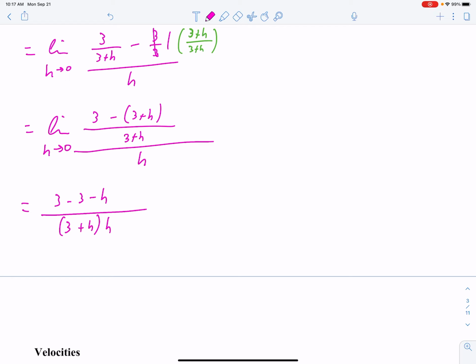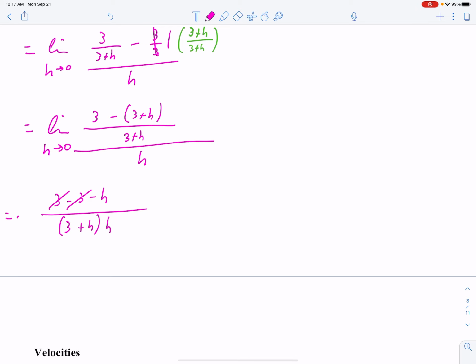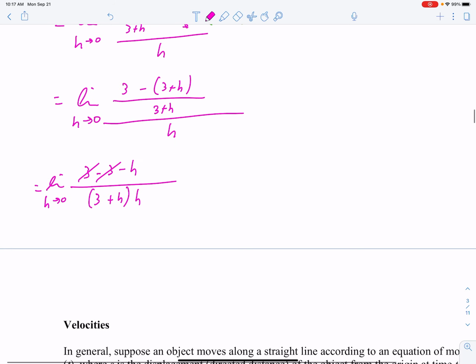All right, well, let's see. 3 minus 3 is 0. Oh, see, I'm just testing you to make sure you're paying attention. Hopefully you were, because I forgot my limit notation. There we go. All right, now we have negative h divided by 3 plus h times h, which means h divided by h is 1.